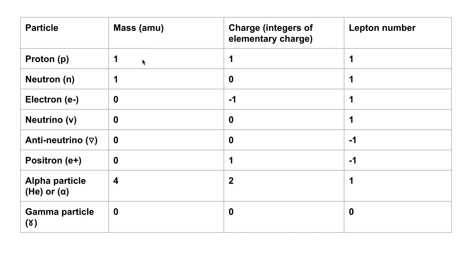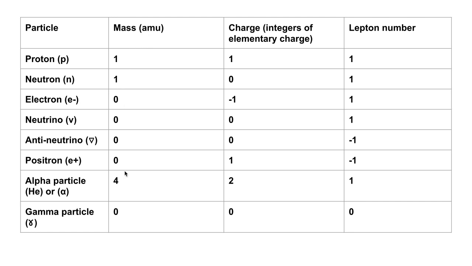Now, I kind of redid this table from the last section and simplified it a little bit. I got some rounded numbers for you, and also narrowed down the particles too. Protons, neutrons, electrons, neutrinos, antineutrinos, positrons, alpha particles, gamma particles. We're going to focus on those. I just rounded the mass, and we'll use AMU instead of kilograms. So it could be 1 or 0.